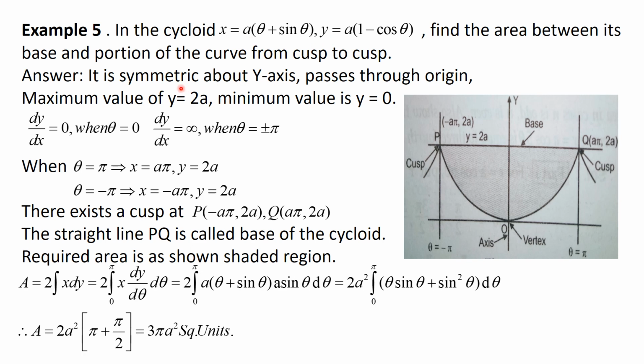Since it is symmetric about the y-axis and passes through the origin, as we already studied in tracing of curves, the maximum value of y is 2a, since cos theta varies from minus 1 to 1, and the minimum value of y is 0, which is for theta equal to 0.